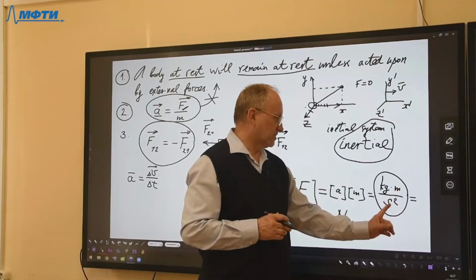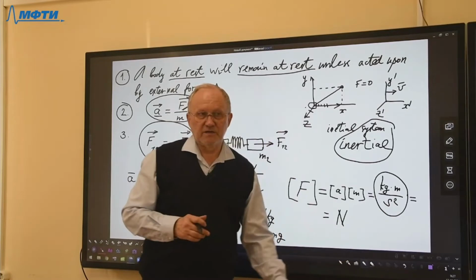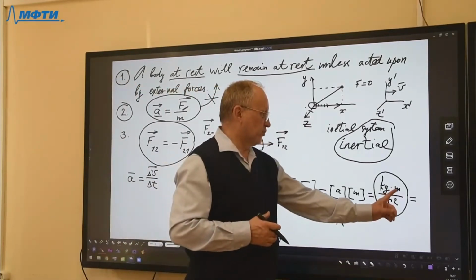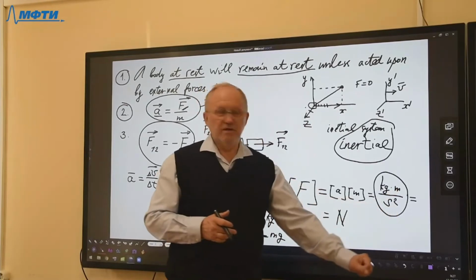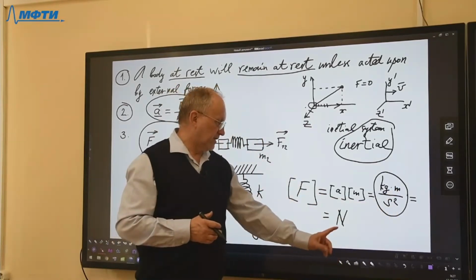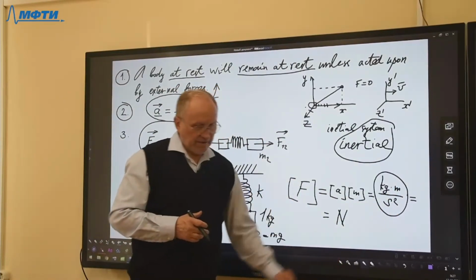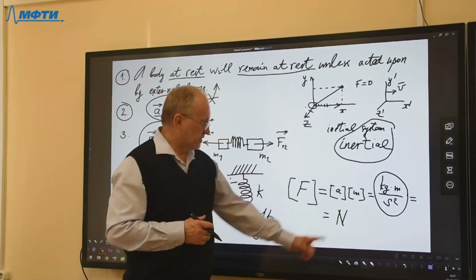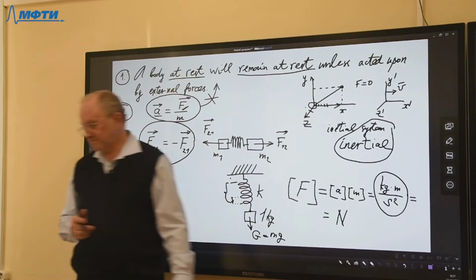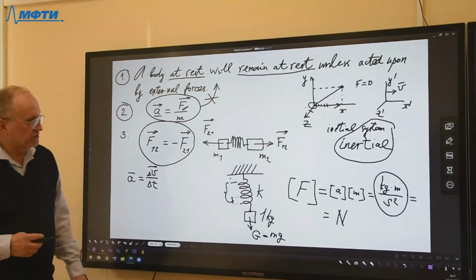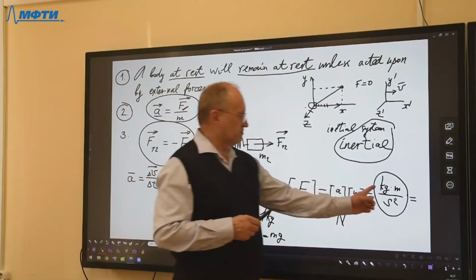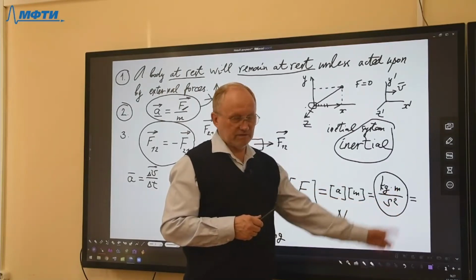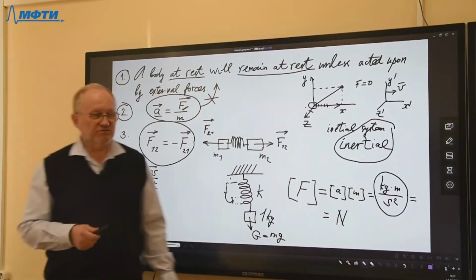Small m and small s. But if you have a name of the scientist in the unit of measurement, then the unit is used in capital letter. So 1 Newton is 1 kilogram times 1 meter over second squared. That is the unit of measurement of force.